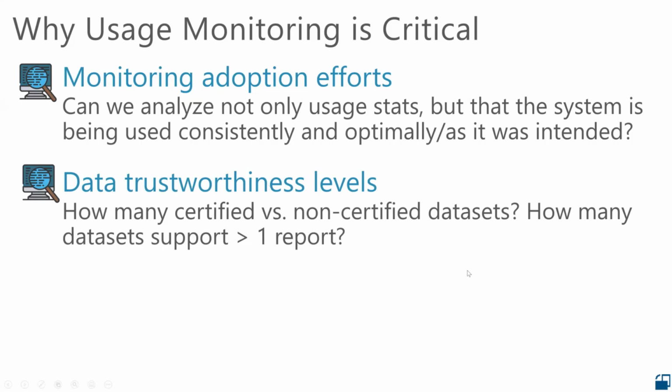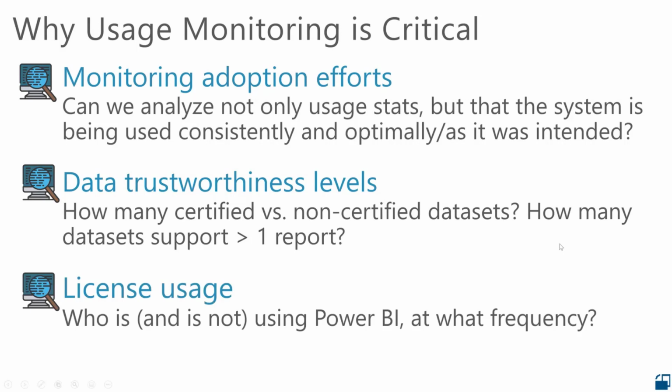Data trustworthiness levels: we can try to start determining what our percentage of certified data sets is versus activity happening from reports, and how many data sets are supporting more than one report, things like that. With regard to licensing, do we have some Pro licenses that are not actively being used for publishing content?